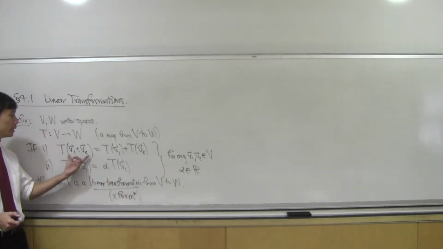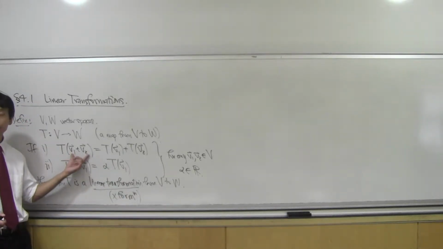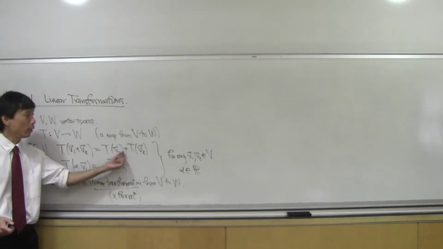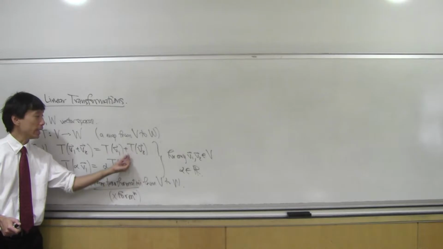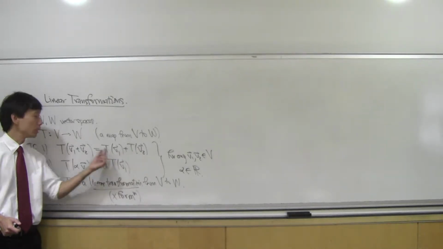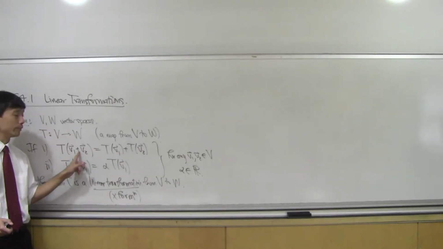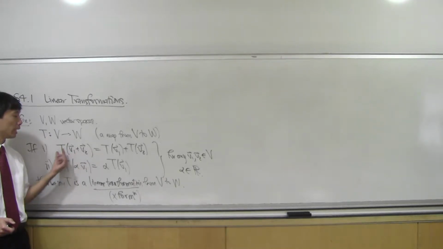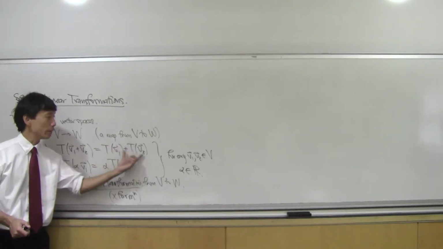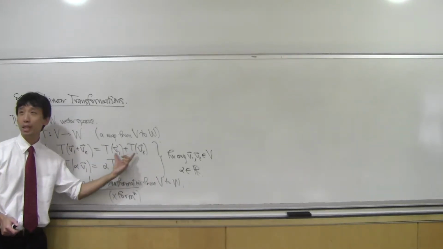In other words, you can either add in V first and then transform over, or you can transform these over first and then add in W, and you're going to get the same thing.